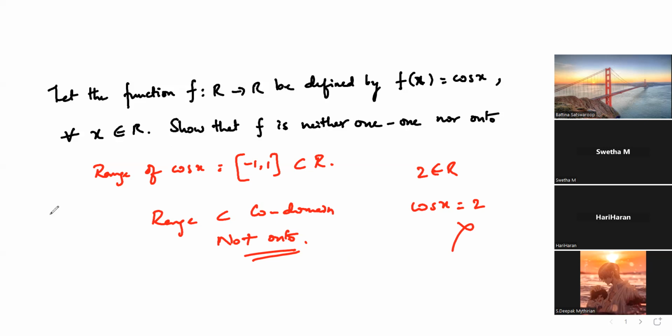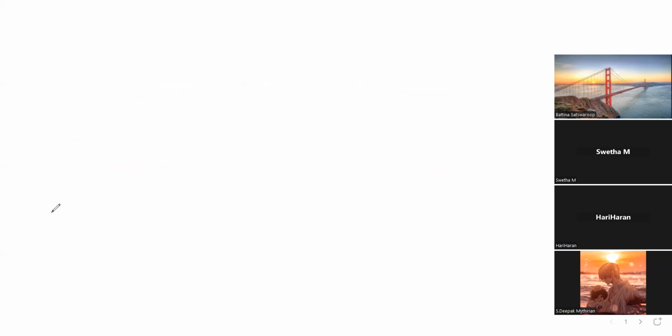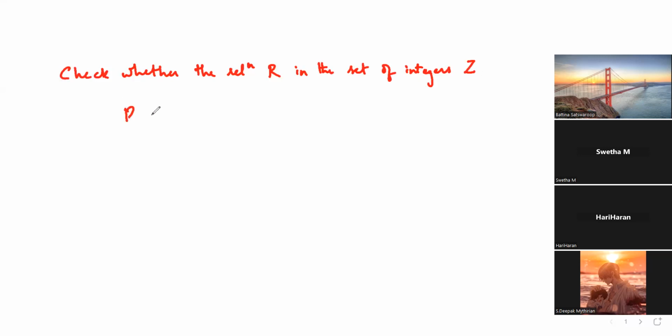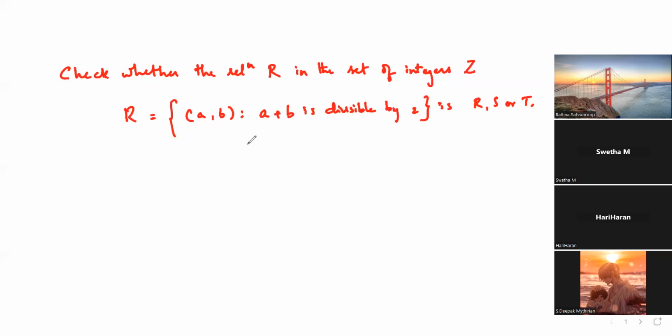Next question, sir. Check whether the relation R in the set of integers Z, defined by R equals (A, B) such that A plus B is divisible by 2, is reflexive, symmetric, or transitive.